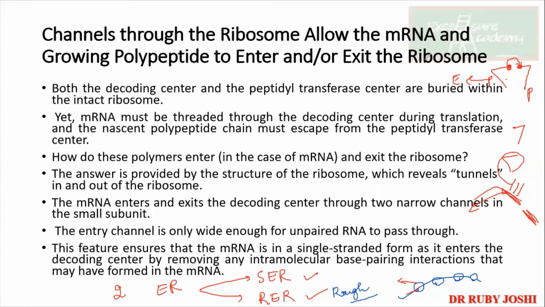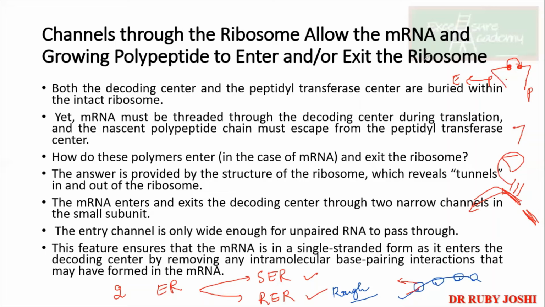Let us say that this tRNA is holding the mRNA with the help of complementary base pairing between the codons and anticodons. Now when there is a push, from behind or the front, whichever we say, if I give a jerk like this, what will happen? Those 3 codons will move ahead so that I can move to the next base, and your A site will become empty. The tRNA in P will be pushed to E, and then the tRNA which is free of amino acid will be removed.